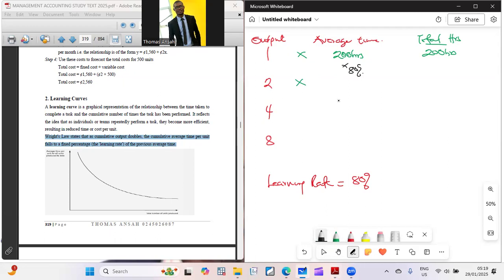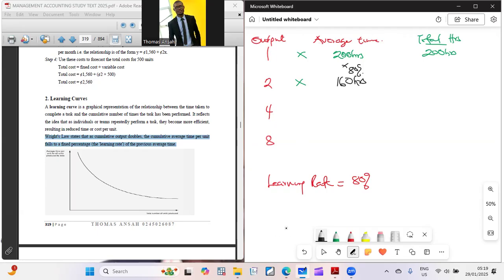So if you now look at it, what you see in there is 80% of the 200. So let's do 80% of 200. That is 160. So you have 160 here. It doesn't mean that the two products are going to take 160 hours, but the average of it.